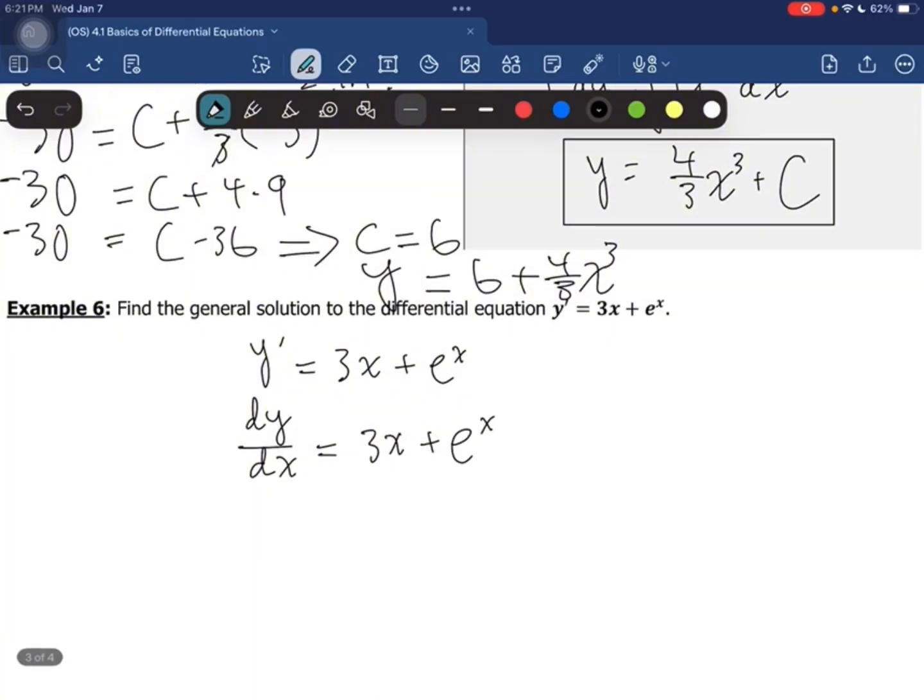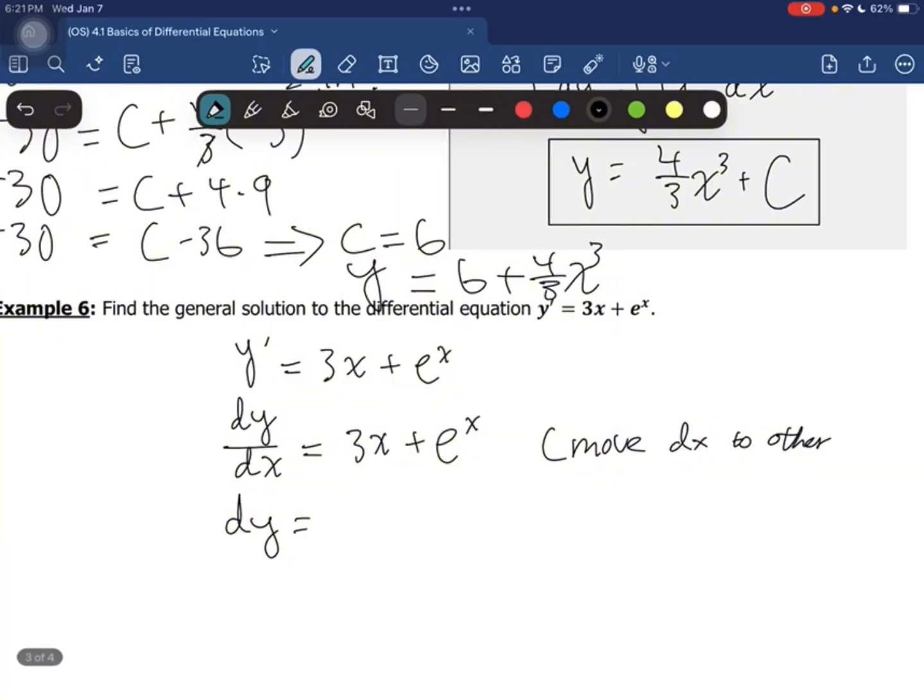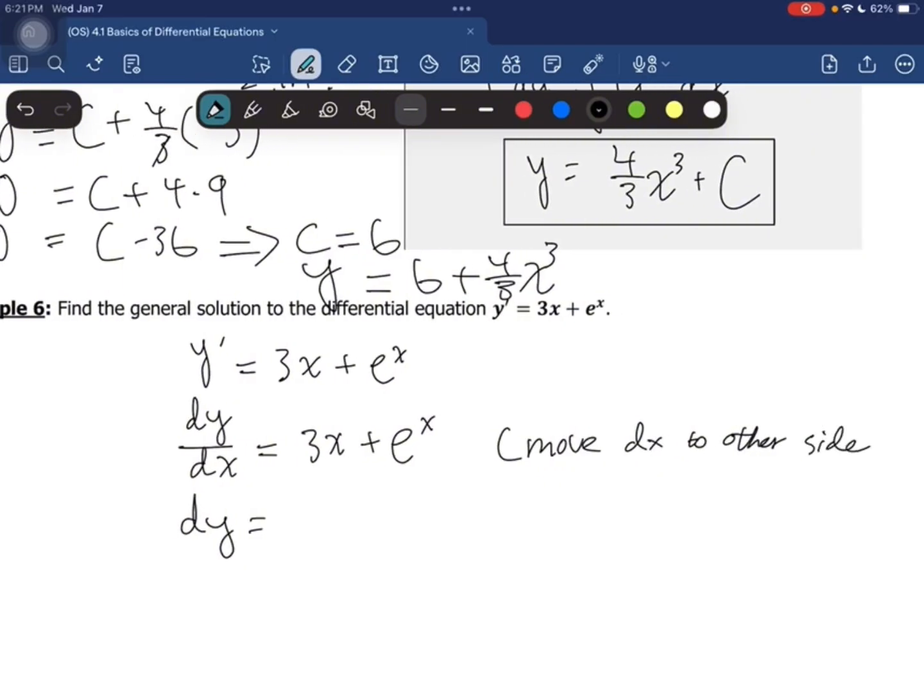Moving the dx to the other side, dy equals 3x plus e to the x times dx.